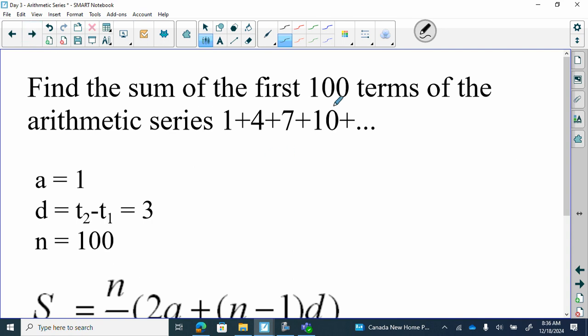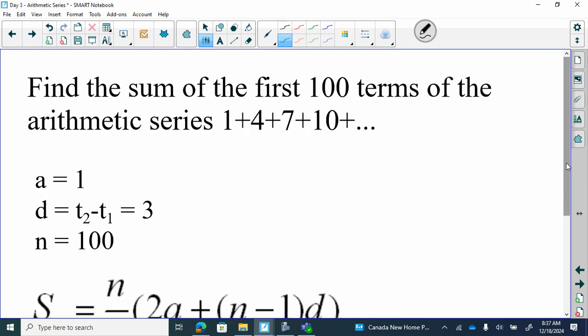It says find the sum of the first 100 terms. This is a situation where the formula would be much more advantageous than going 1, 4, 7, 10, 13, 16, 19, 22, 25, 28, yada, yada, yada, until you have 100 numbers, and then adding them all together. Nobody in their right mind would want to do that. Do you have this particular question on your sheet?